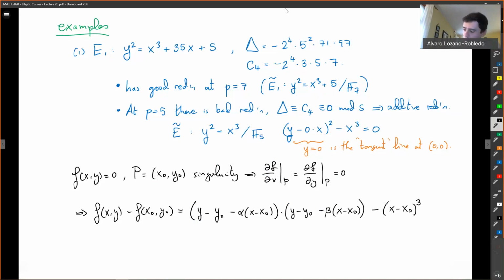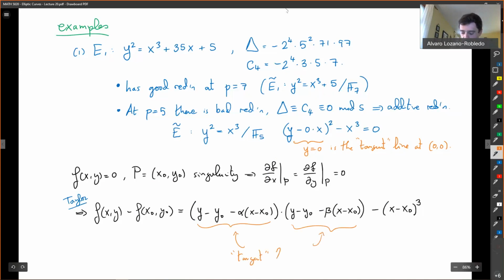So again, this is a Taylor expansion of the polynomial, and these are the tangent lines at the singularity.